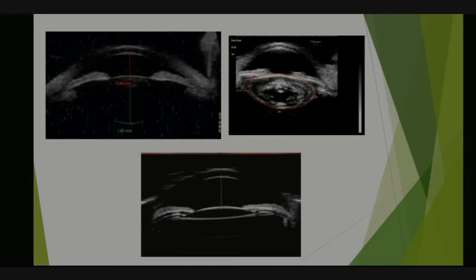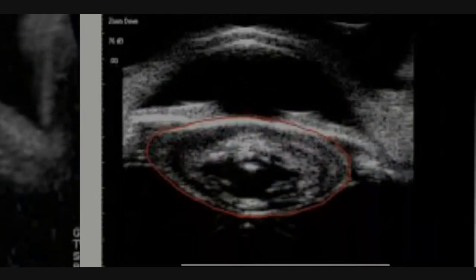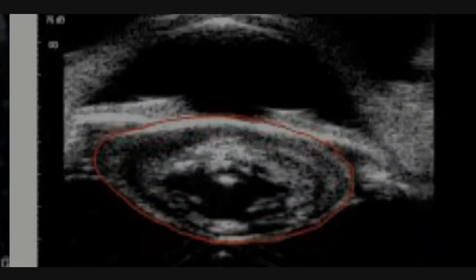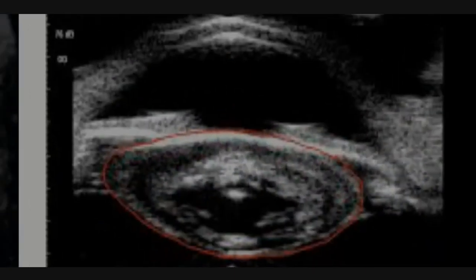The hyperreflective part is the opacity of the cataract. Here it is a normal, clear lens, and this is the cataract lens. The cataract lens will look like this. Clear now?